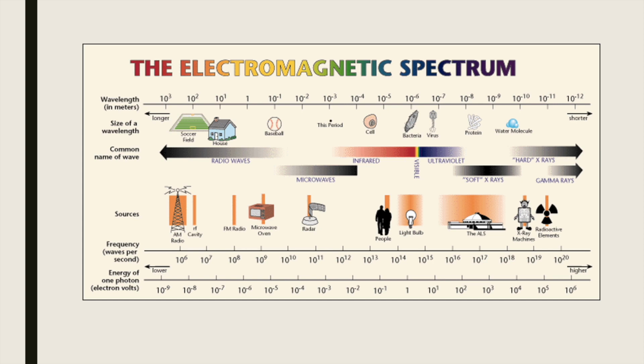Or well, I guess not joules. The unit they're using on this one is electron volts. There are many different units of energy. While things like ultraviolet up to gamma rays, we know those are ionizing forms of radiation, they carry a lot more energy than the other types of electromagnetic waves.